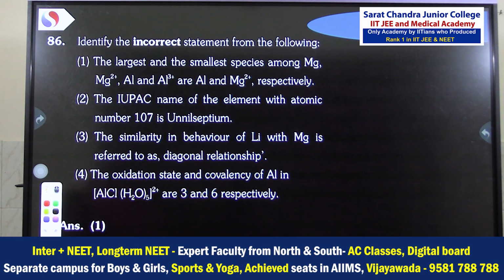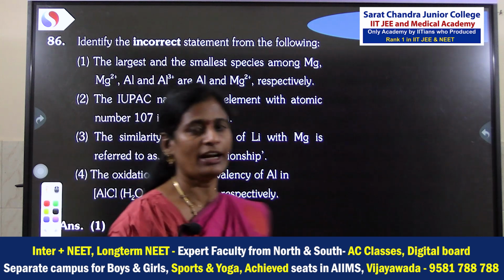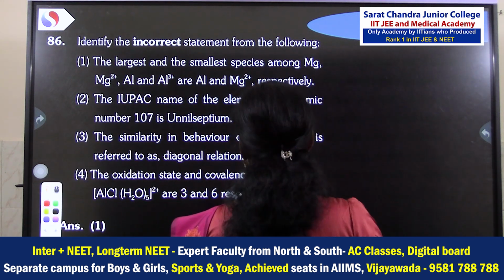Next, identify the incorrect statement from the following. The largest and the smallest species among magnesium, Mg+2, Al and Al+3 are aluminum and Mg+2 respectively. So always the cation is smaller than the neutral atom, and the anion is bigger than the neutral atom.